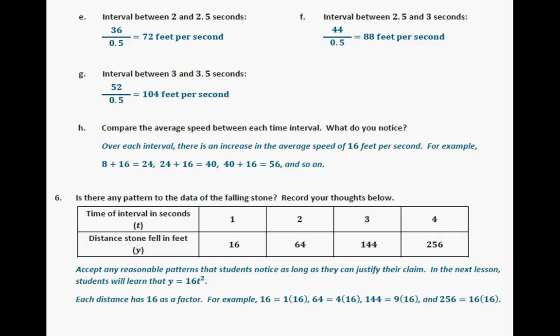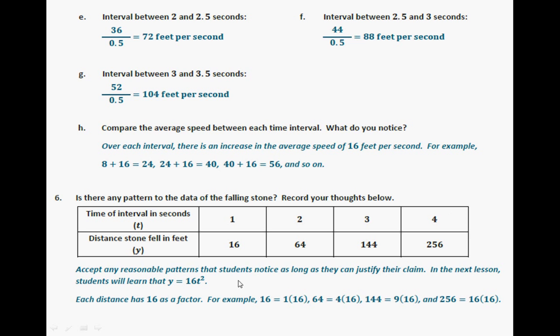Is there any pattern to the data of the falling stone? Record your thoughts. So the first time interval is 16, the second time interval is 64, the next time interval is 144, and the last one is 256.